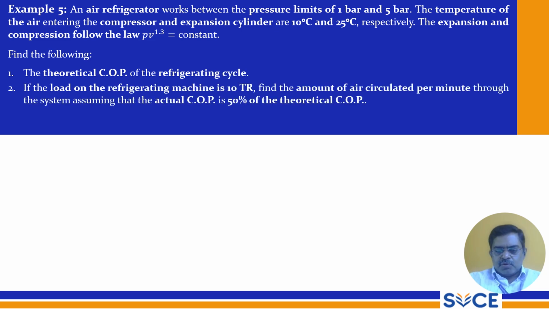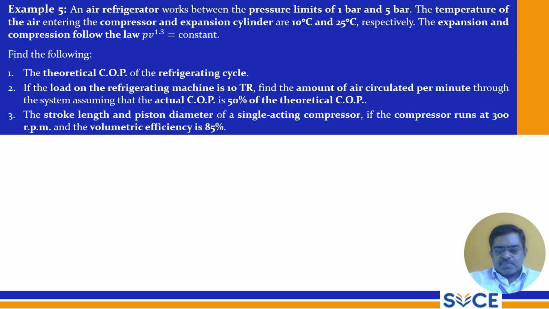If the load on the refrigerating machine is 10 TR, that is tons of refrigeration, find the amount of air circulated per minute through the system, assuming that the actual COP is 50% of the theoretical COP. So we have to calculate the theoretical COP, and then half of it is the actual COP.